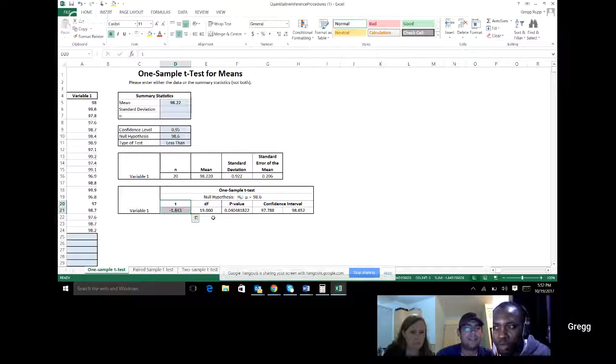That's 0.05, which is 1 minus the 95% confidence level. You are right. Exactly. And here we say reject the null hypothesis because the p-value was less than the significance level, the level of significance.